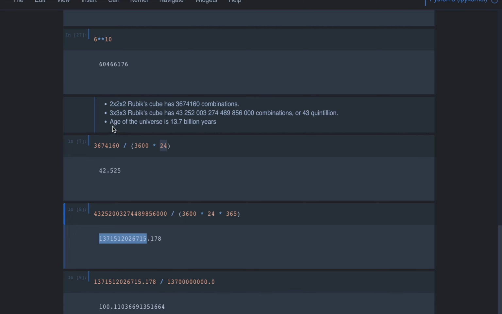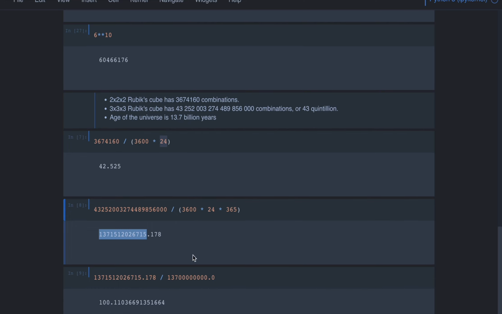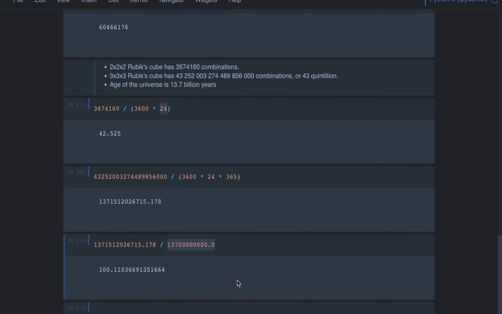Now, the age of the universe is 13.7 billion years. If we divide by the age of the universe, it would still be 100 times the age of the universe.